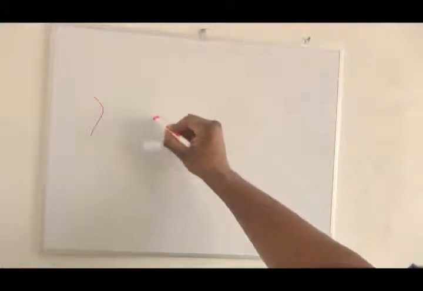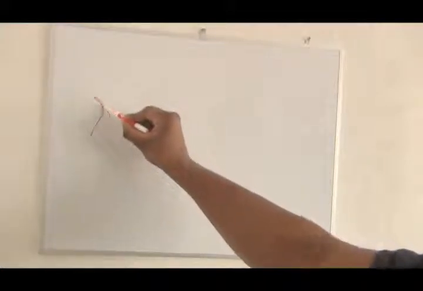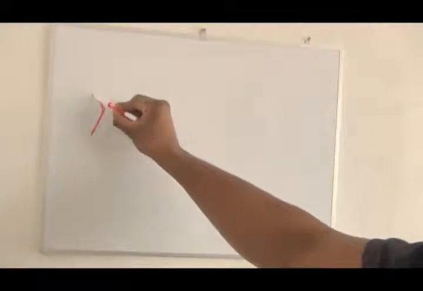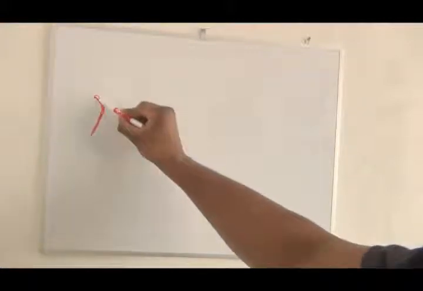Comma, periods. See, a comma, let me make it a bit bigger so you can see it clearly. Normally a comma goes in a sentence, in between a sentence.